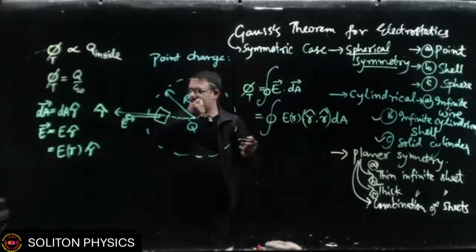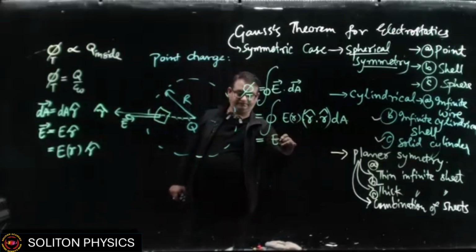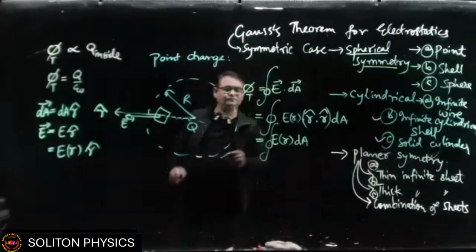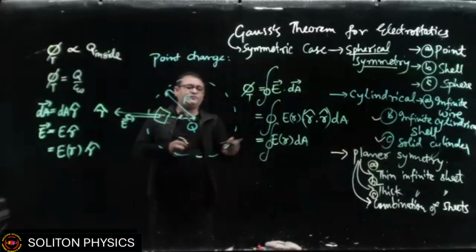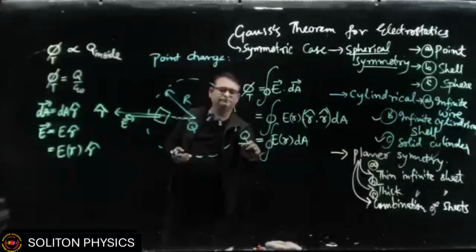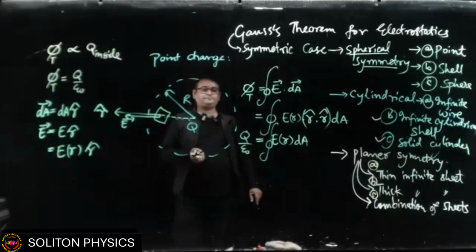When unit vectors are in the same direction, they are of magnitude 1. So this will be the closed integral of E radial dA. Right. And according to Gauss theorem, this is Q by epsilon naught, because Q is the charge inside.